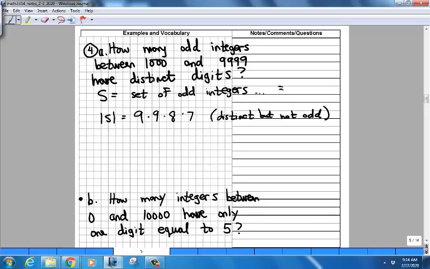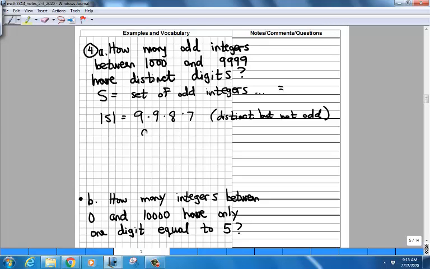Now let's throw back in the restriction that it has to be odd. Now, when you throw in that restriction that it's odd, of course, what does that really affect in the number? It affects the last digit. Yeah, it affects the last digit, right? Okay. So because that's how you tell if numbers are odd. So in this case, you may think, oh, well, it's almost the same counting problem, right?